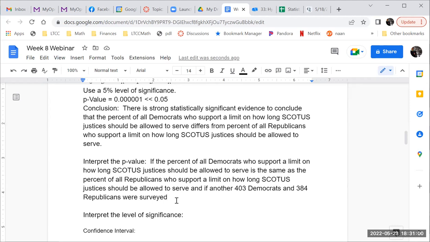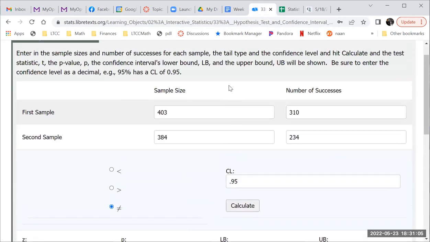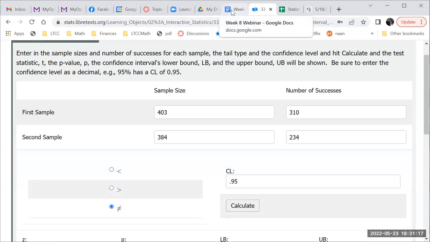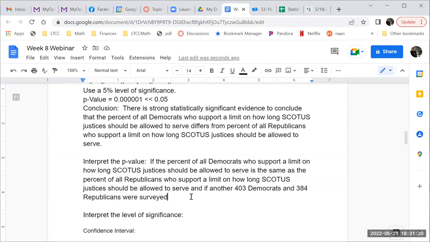It's not the sample size that has to be more than 5, but you have to make sure NP and NQ are. 310 is more than 5, and also 403 minus 310 needs to be more than 5, and also 234 has to be more than 5, and 384 minus 234 has to be bigger than 5. Does that make sense?